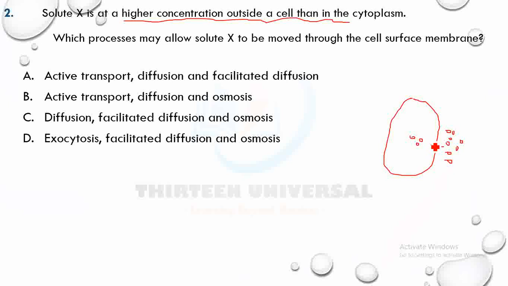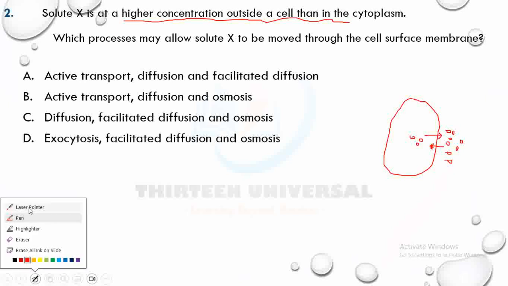If it's moving from inside to outside, that is moving from low concentration to high concentration, that's active transport. It's possible also, if it is bulky, we could mention exocytosis or endocytosis, but this is not bulk. We're dealing with a solute.